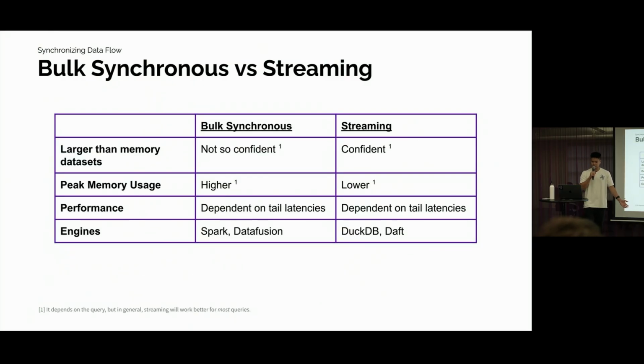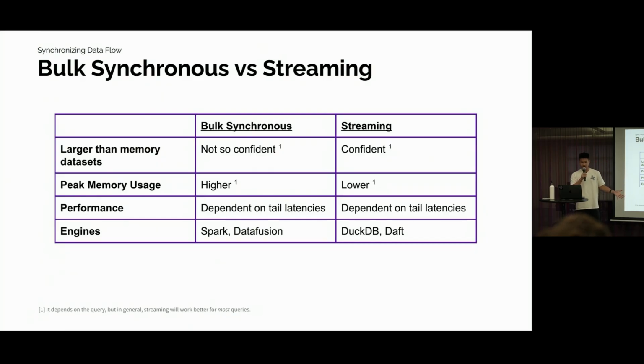So in these two models, how do we deal with larger than memory data sets? In a bulk synchronous model, we're not so confident. Of course, it depends on the query, but we're not so confident because in a bulk synchronous model, you're processing huge chunks of data at a time, and that data is going to be materialized in memory. Whereas in streaming, we're processing a lot smaller chunks of data at a time, and therefore we're never fully materializing your data in memory.